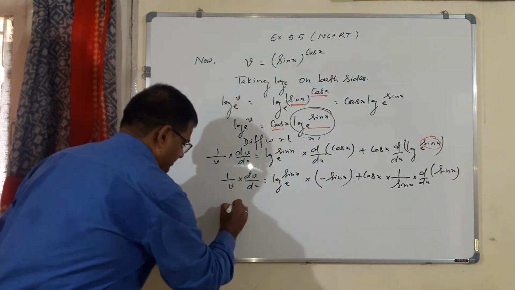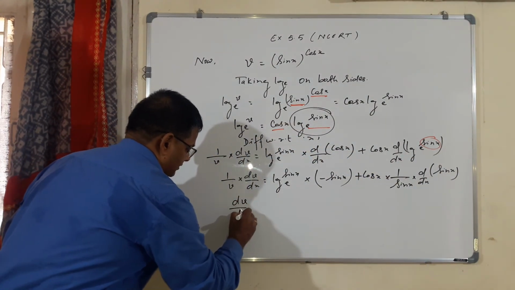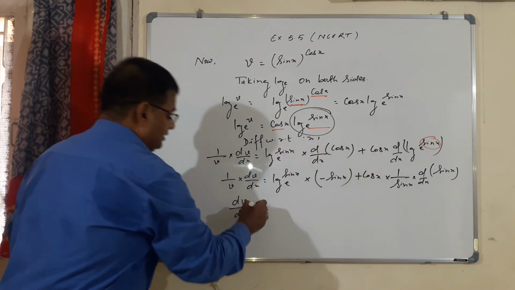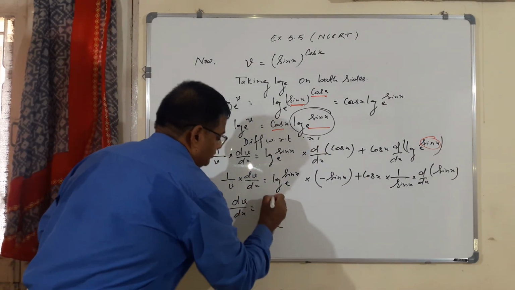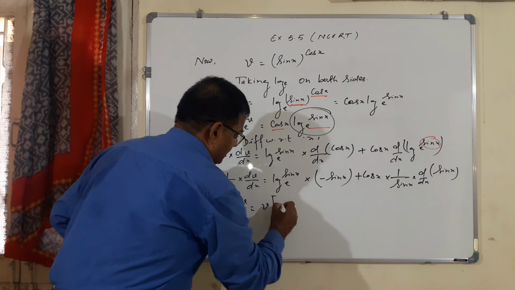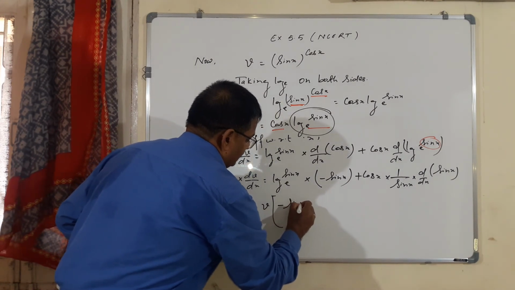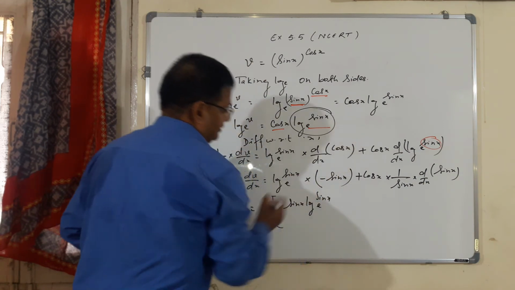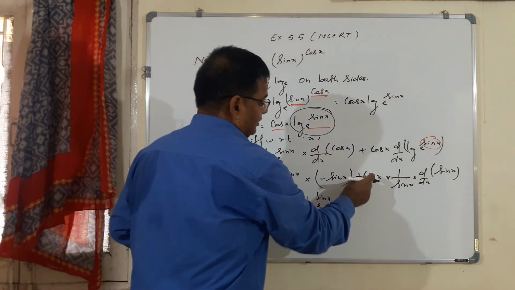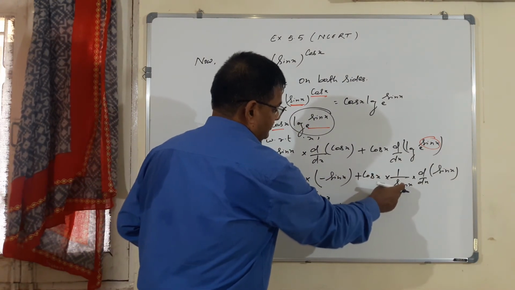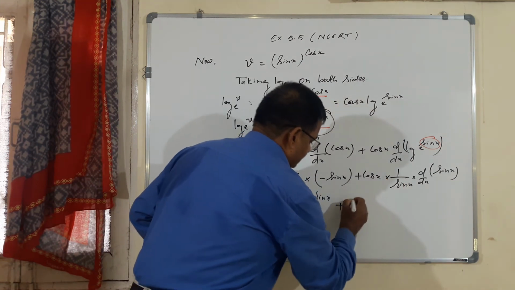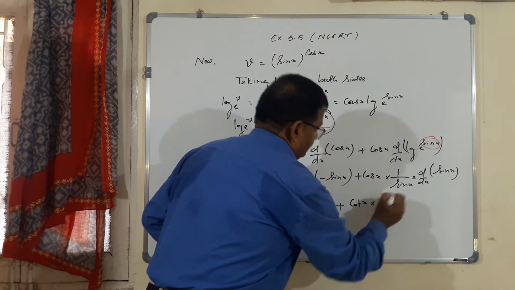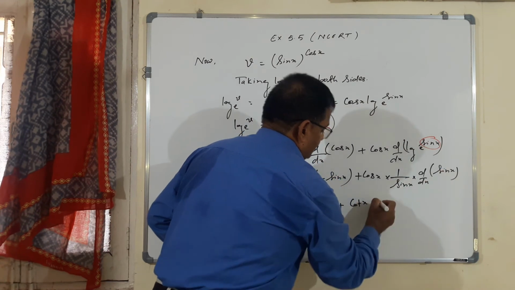then differentiation of z, meaning sin x. So dv by dx, cross multiplying, v outside, is minus sin x log sin x to the base e plus cos x by sin x, which is cot x, and differentiation of sin x is cos x.